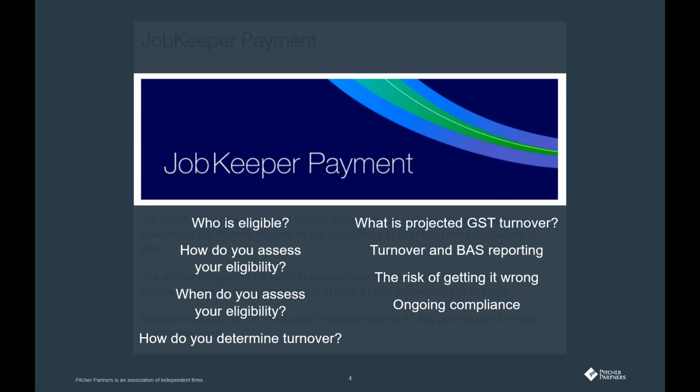How do you determine your turnover for JobKeeper purposes? What is projected GST turnover? The differences between turnover and what's reported in your business activity statements, and then just looking at the end about the risks of getting it wrong and the ongoing compliance obligations that are required under the legislation.